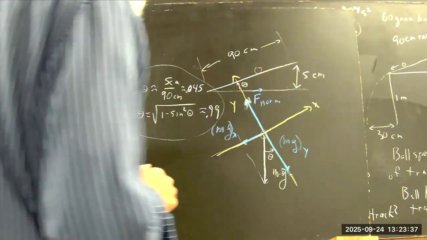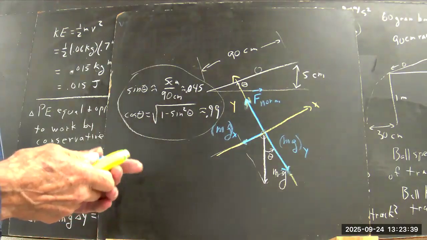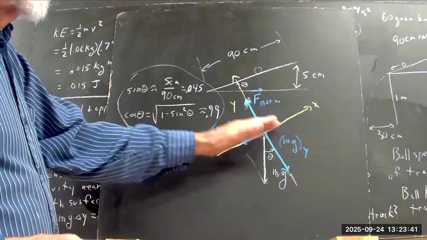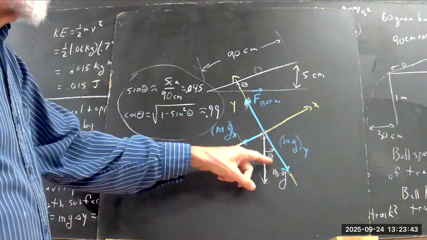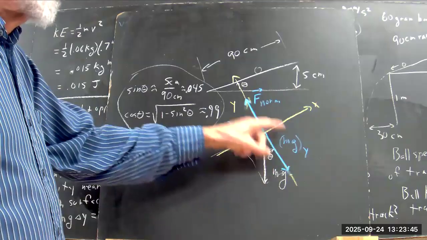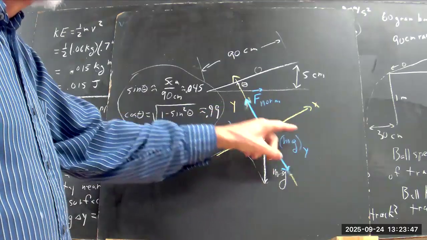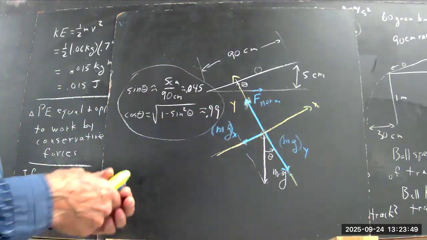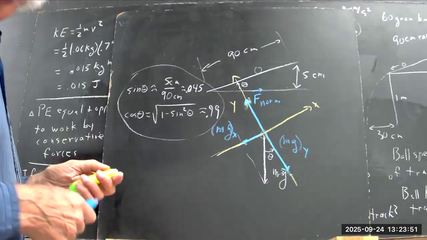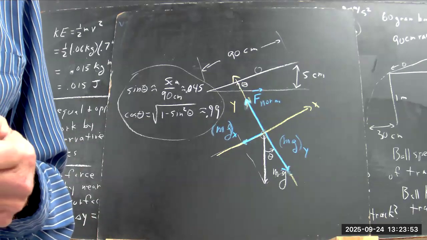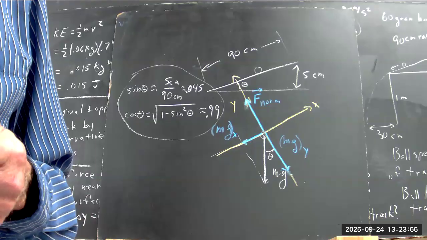Your normal force here. There's no acceleration in the y direction. So the net force in the y direction is zero. So these add up to zero. So this is equal in magnitude to this. Okay.